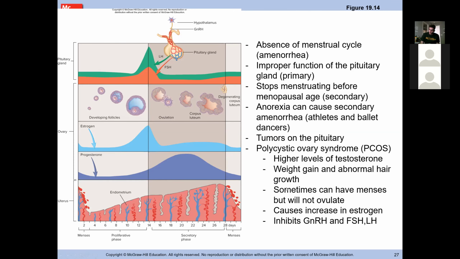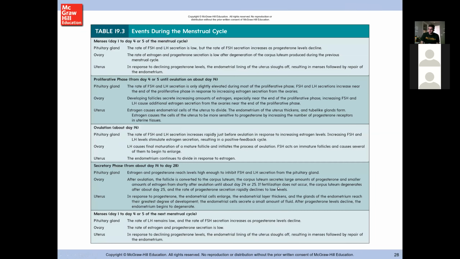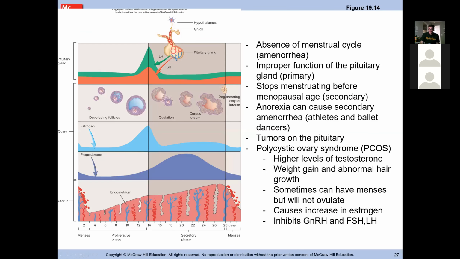The other thing as well that's indicative of PCOS is you can still have a menstrual cycle, but you will not actually ovulate during the menstrual cycle. So as I mentioned, part of this ovulation process, as that secondary oocyte gets evacuated from this layer of cells here, then the fimbriae of the uterine tube have to actually connect and attach to that secondary oocyte in order to bring it into the ampulla for fertilization.